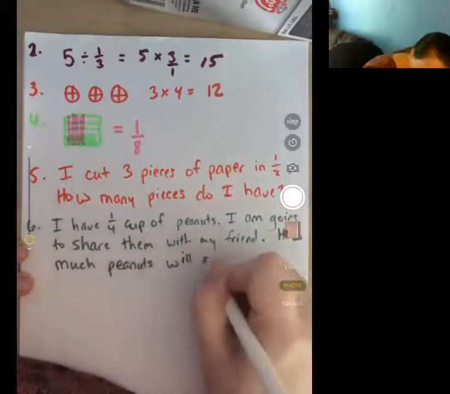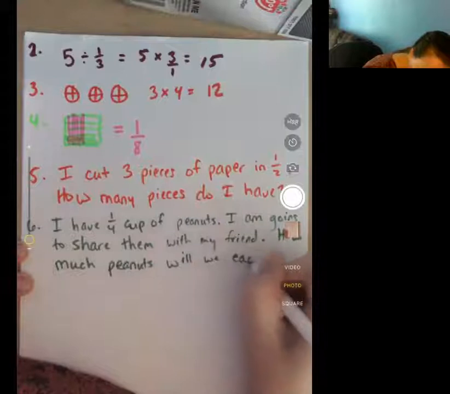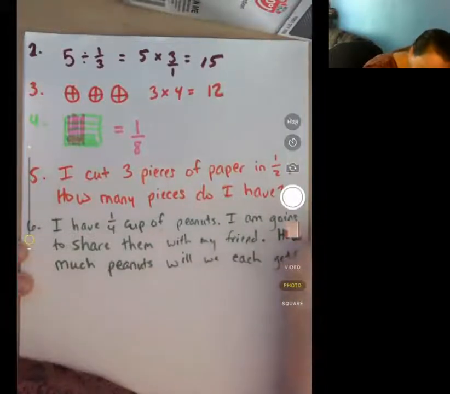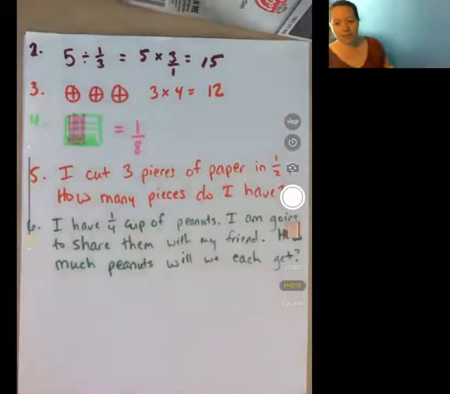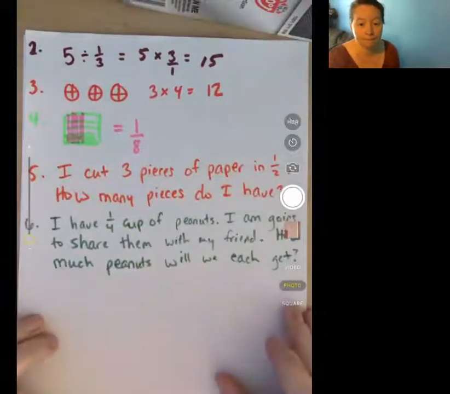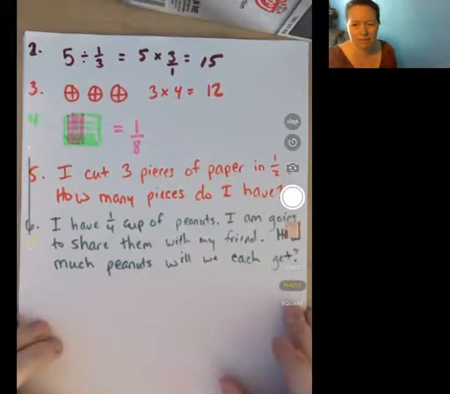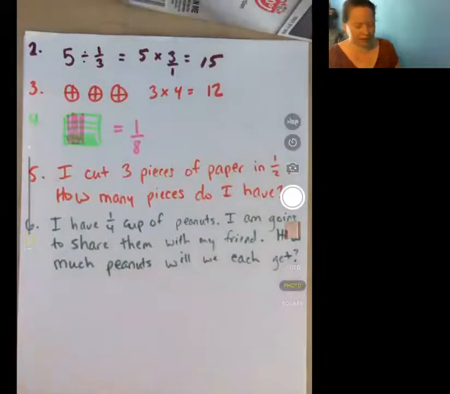How much peanuts will we each get? Okay? Or how... Yeah, it'd have to be how much, not how many, because we're not counting the actual number of peanuts, we're counting the cups.